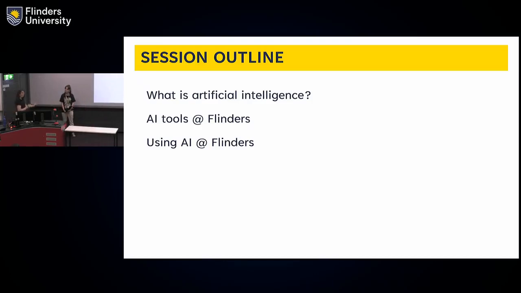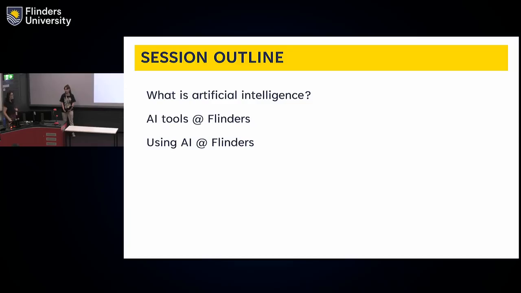So some of the Flinders specific tools and a couple of other tools that are probably most useful to your study. And then we'll talk through some of the more practical elements of using AI at university. So how can you use it to support your study? What kinds of things can it do to help you with your learning? And of course, what kinds of academic integrity things do you need to be aware of when you are using it?